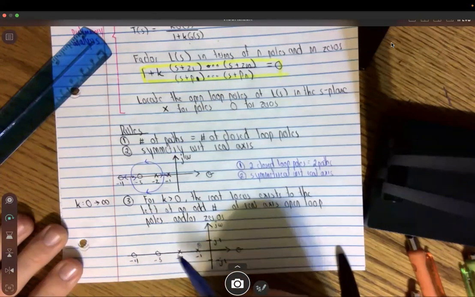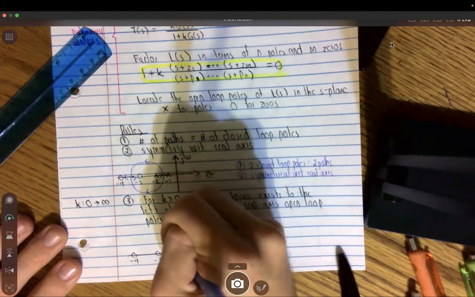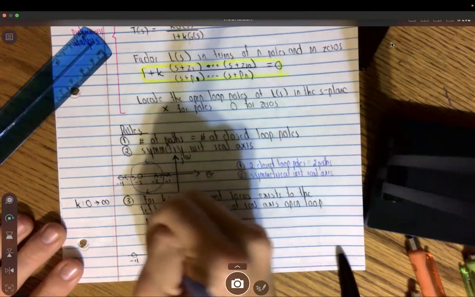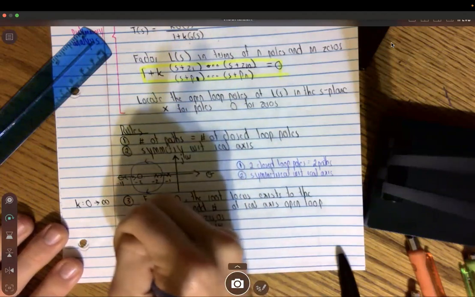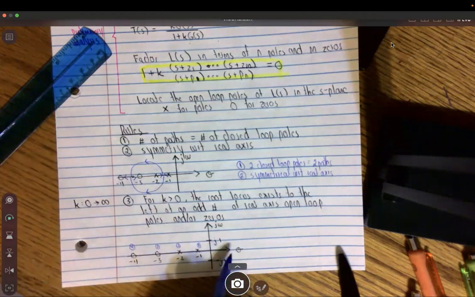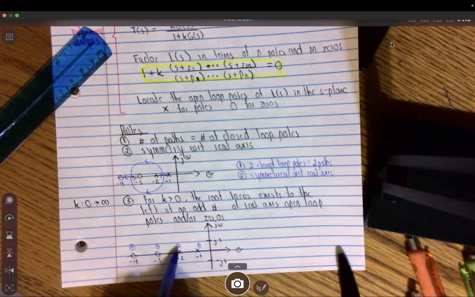Then I run into my next pole. Okay, this is 2. I run into my next 0. This is 3. Then I run into my next 0. This is 4. And so I just went from the rightmost side, and as I traveled to the left, if I picked up a 0 or a pole, then I would mark a number. And I would just increase that count. So I found 1, 2, 3, 4. So I found 4 zeros/poles.